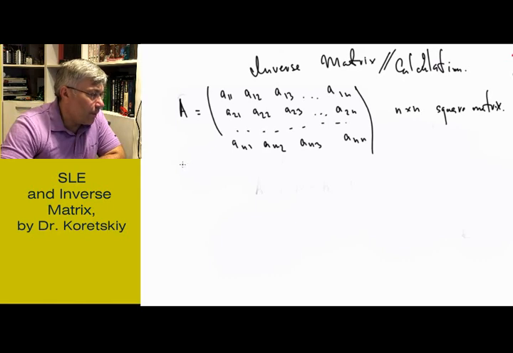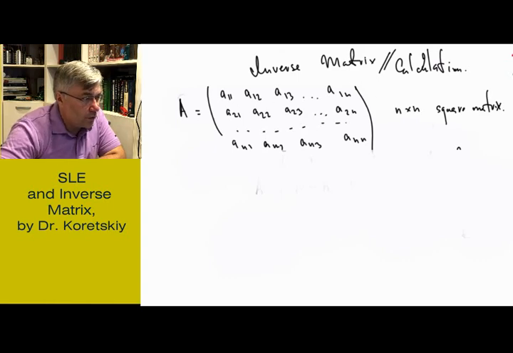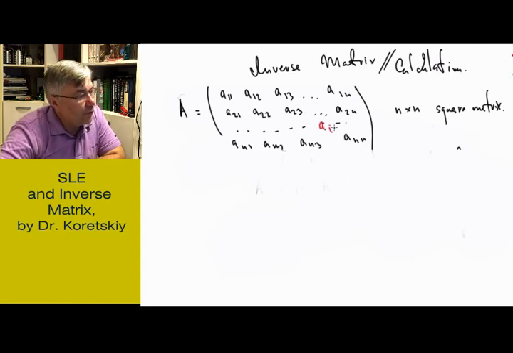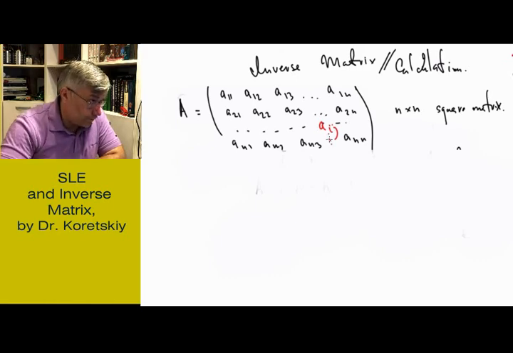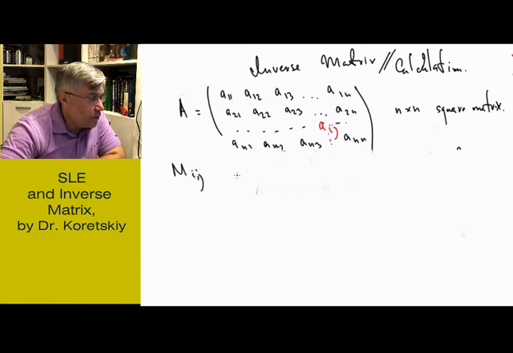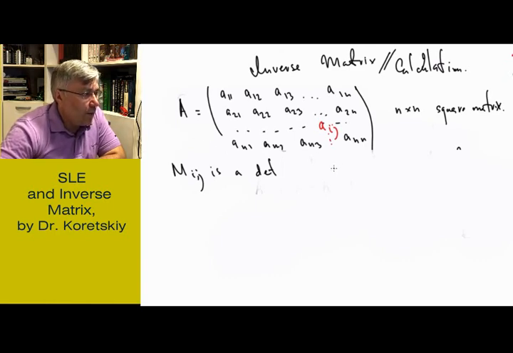The minor Mij, for the element ij in the body of this matrix, is the determinant of the submatrix of A obtained by removing the i-th row and j-th column from the matrix A.